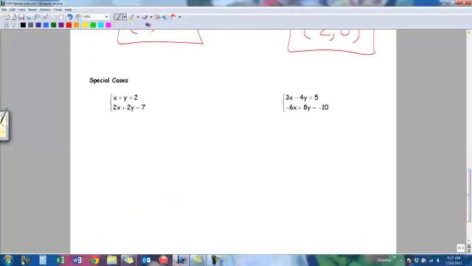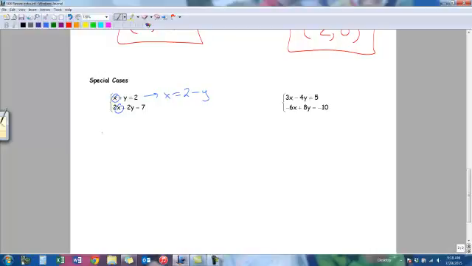Now, sometimes some weird stuff is going to happen. For example, this first one, I'm going to solve by substitution. Of course, we could solve by elimination, but just to review, I want to solve by substitution. So I'm going to get the top x by itself. x is equal to 2 minus y. Then I'm going to substitute that into this x.